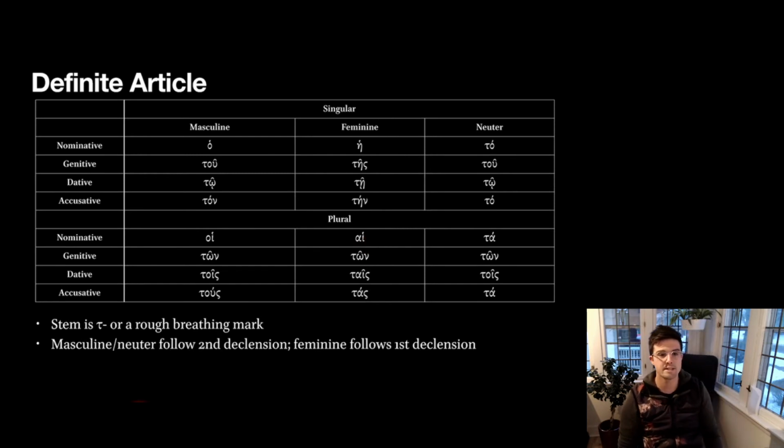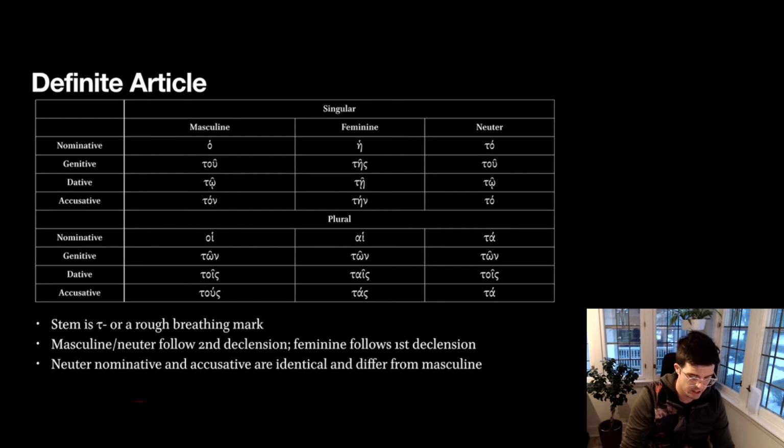You'll also notice the masculine and the neuter follow the second declension. We'll line up some of our masculine and neuter second declension mnemonic devices with the paradigm here in just a second. But so these are following the endings of the second declension. And the feminine is following the endings of the first declension.